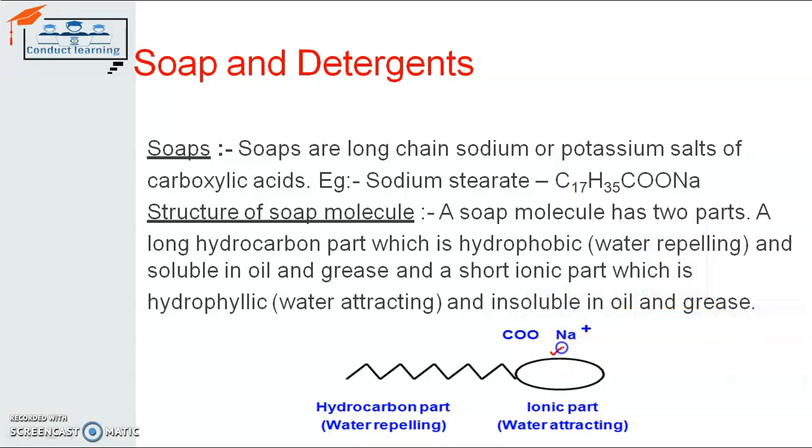This is the ionic part, this is the covalent part. This is hydrophobic, this is hydrophilic; this is water repelling and this is water attracting. This is insoluble and this is soluble in oil and grease. So this is basically a micelle. When we mix soap with water, it forms a micelle containing hydrophobic and hydrophilic parts, and they look like that.